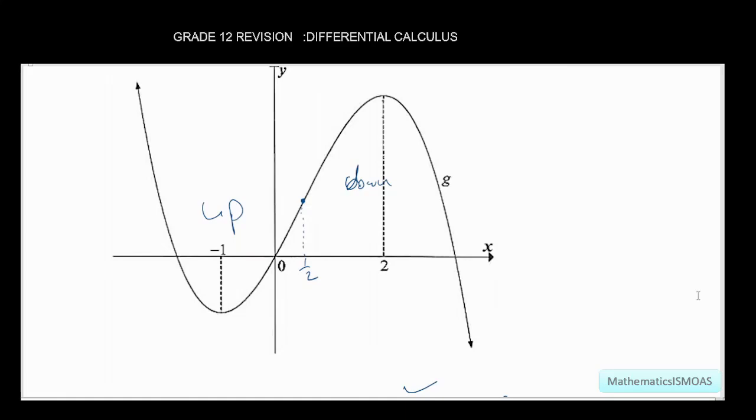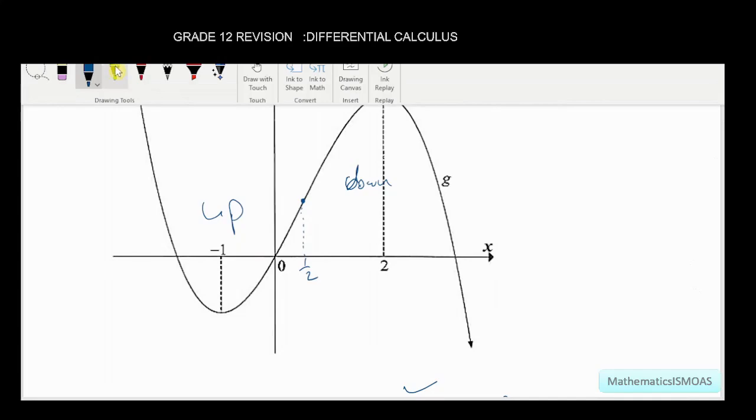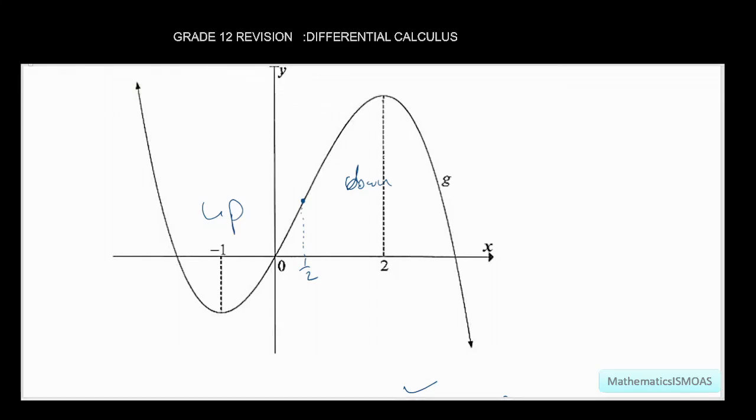From this graph of g, I'm going to give a rough sketch of the graph of the gradient, which is g prime of x. So this is how you draw it. Very simple. We have -1 and 2 as the x coordinates of the turning points.